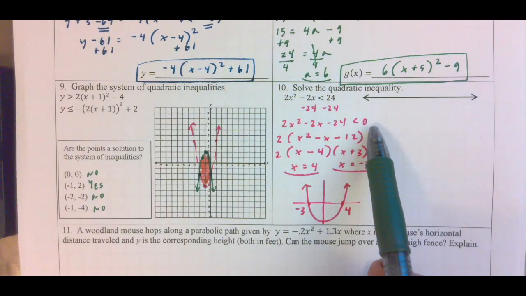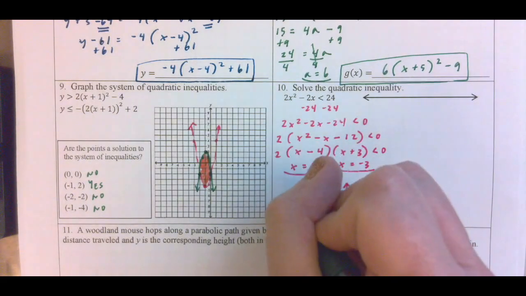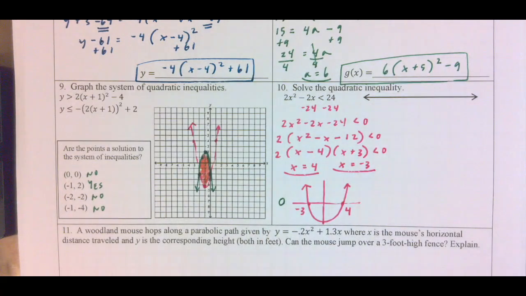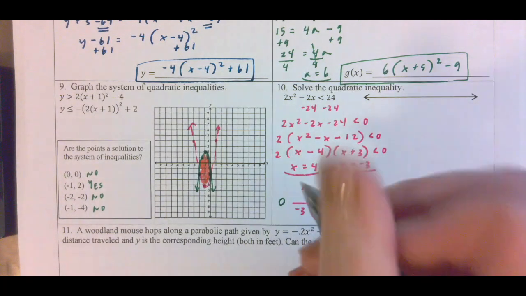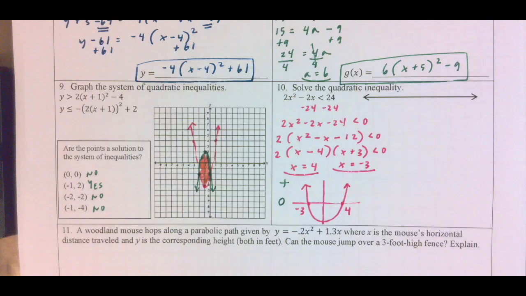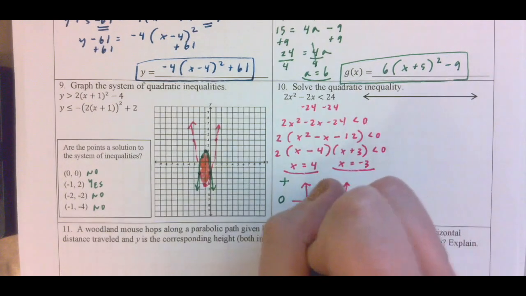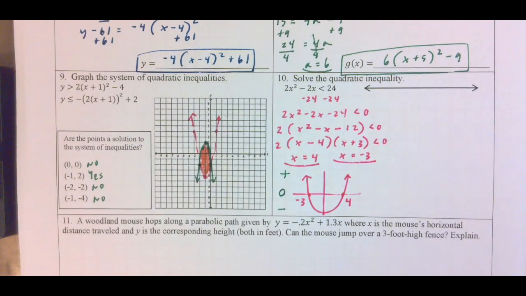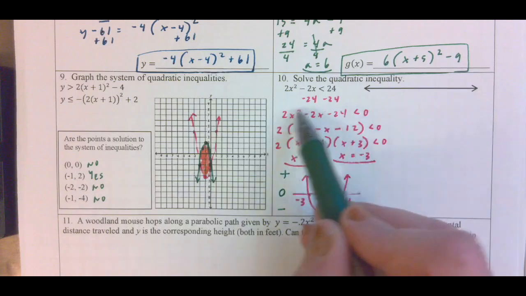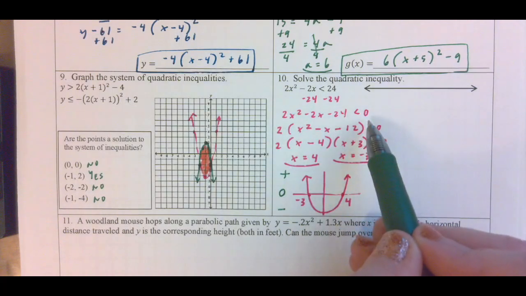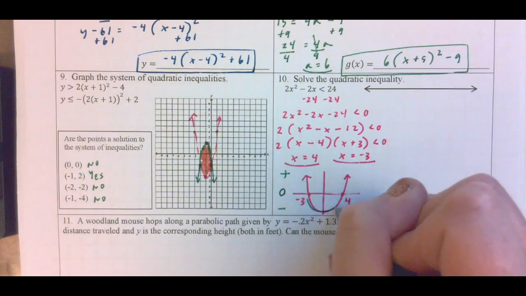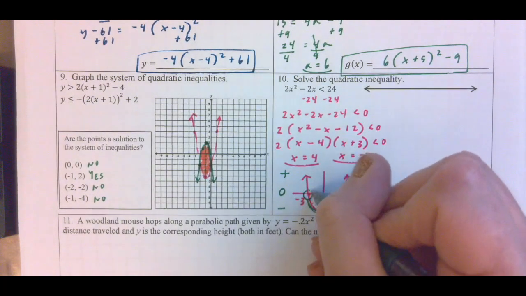So right here is where my function would have a y value exactly 0. Here it would be more than 0, something positive, and here it would be less than 0, something negative. So where would my function be less than 0? It would be right here to here. And since it's not equal to, I'd have hollow points right there.